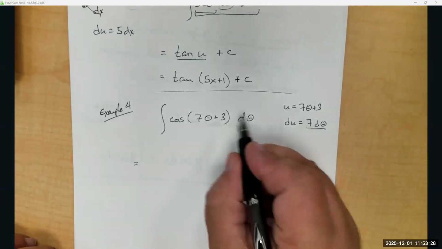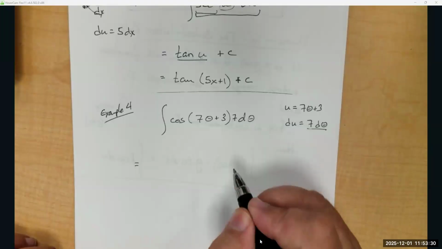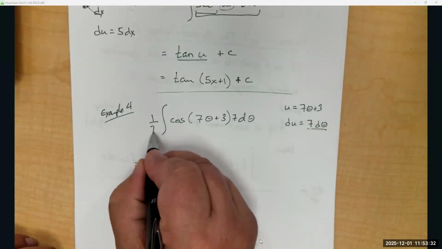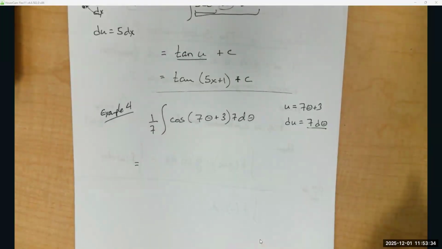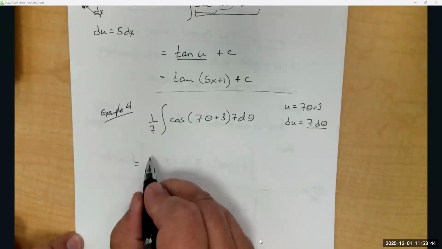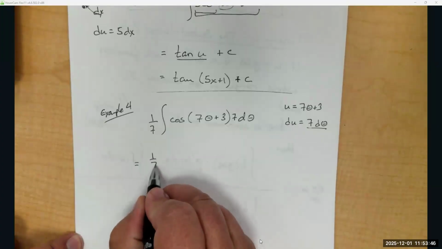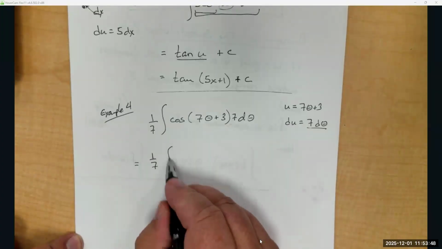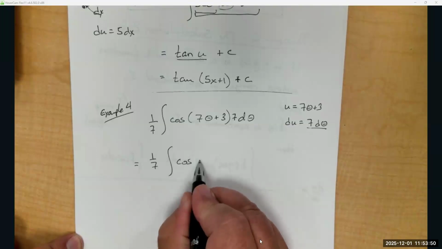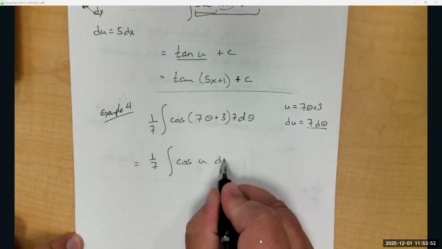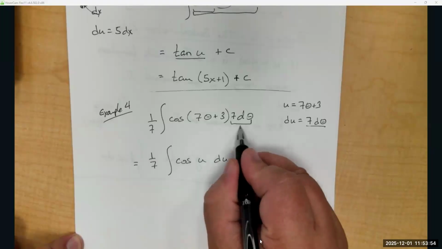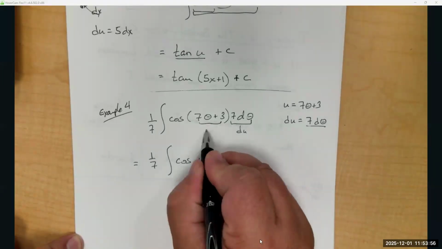We're missing a 7. So if we put a 7 there, that means we have to put the reciprocal of it out here. So what we have here is 1/7 cosine u du, because this is du, this is u.